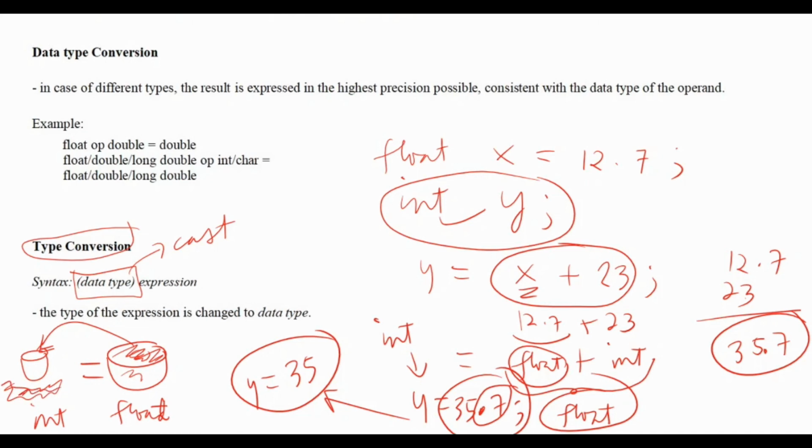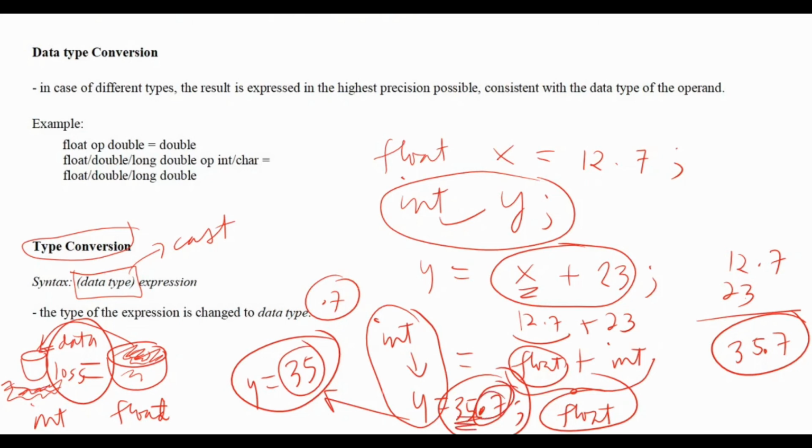Some of the content will be lost. We call that data loss. And what is the data loss here? It is 0.7, because the variable y is type integer, so it could accept only the integer part, which is 35. And so the 0.7 is the data loss. In programming, it is not a good practice to have data loss.